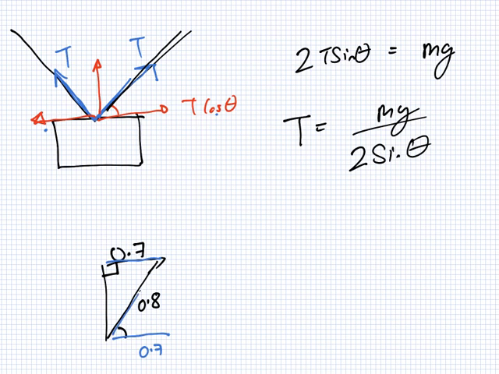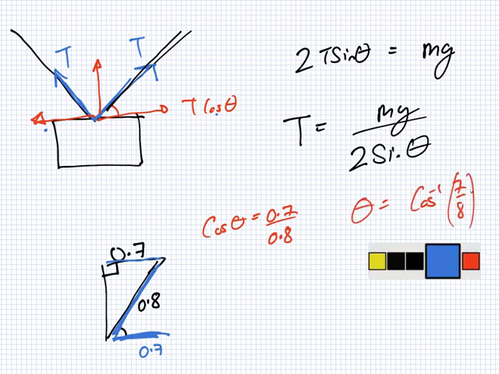Okay, and that's 0.8. So what uses the hypotenuse and the adjacent? Cosine. So you can say cos theta equals 0.7 over 0.8. So theta is cos inverse 7 over 8. And then we can put that in.